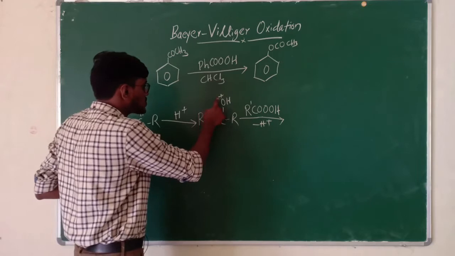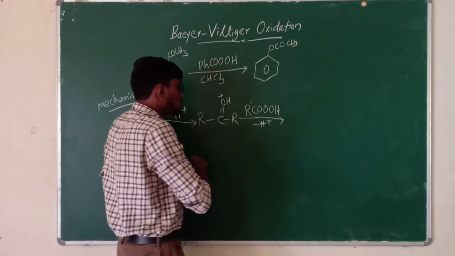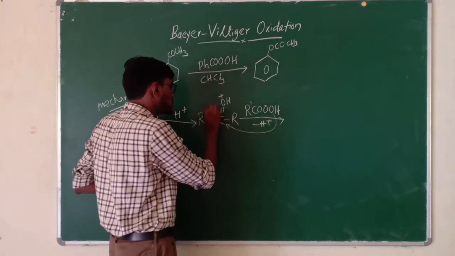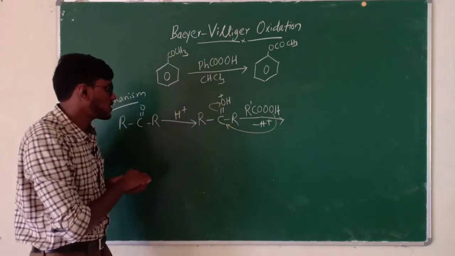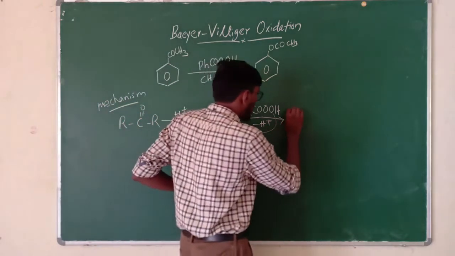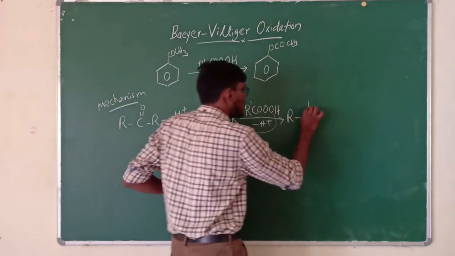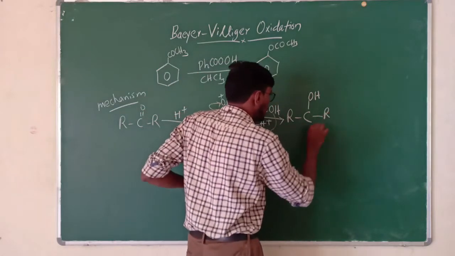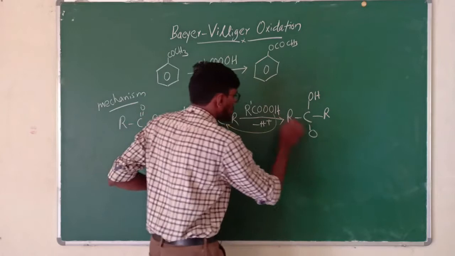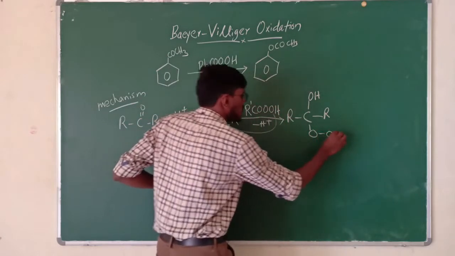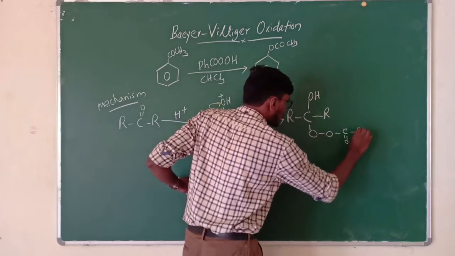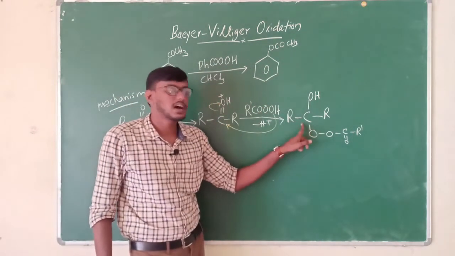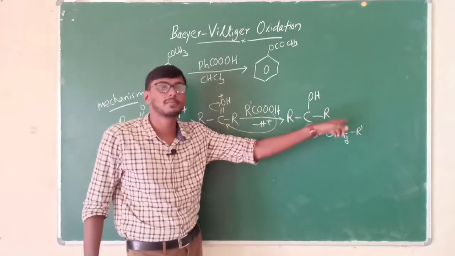At the same time, this bond shifts like this. So R, C, OH, then R, and O, O, COR dash. The peracid adds to this carbon and a tetrahedral intermediate is formed.